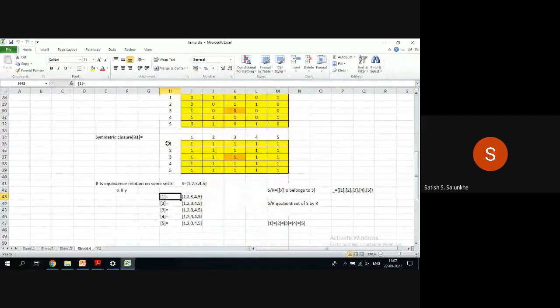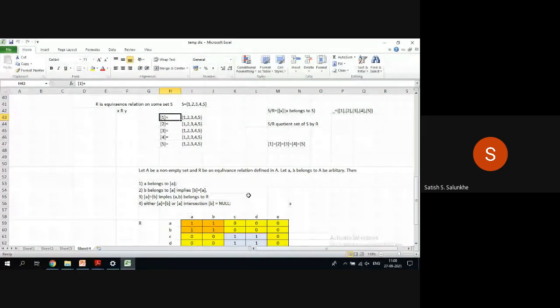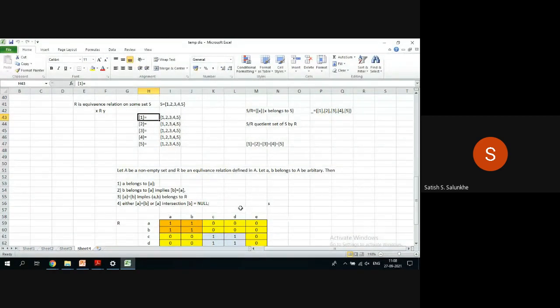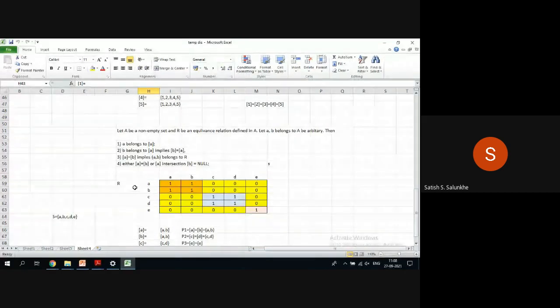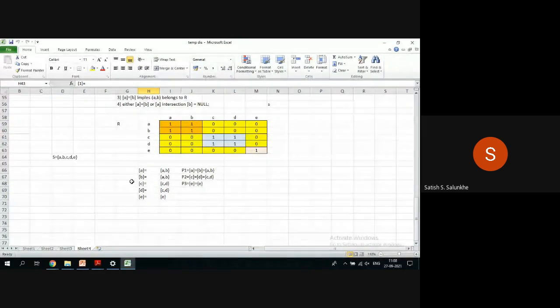Basically, it is a collection of all the elements B. Suppose I say equivalence class of A, it means we have all the elements B such that A is related to B. And we also identified that equivalence classes are either equal or they are disjoint.